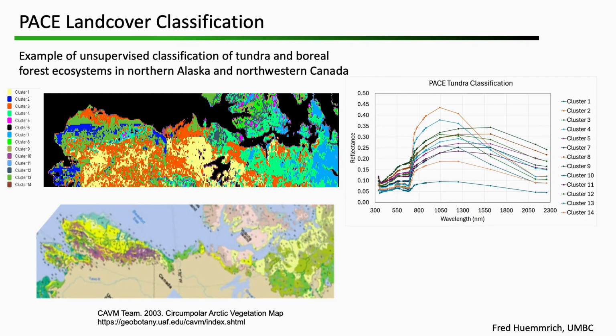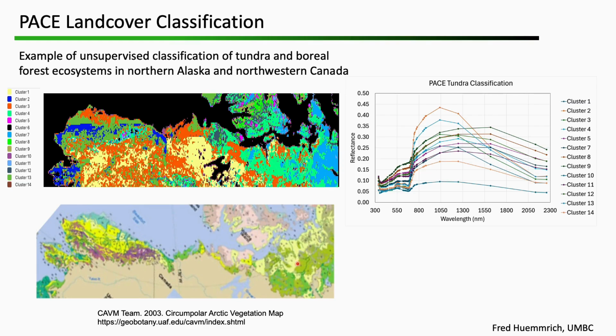In addition to looking at plant pigments and traits, we can also use PACE to do land cover classifications. Here's an example of an area of northern Alaska and northwest Canada, which is part of the ABoVE NASA experiment that I'm working on. And in this case, I've used summertime PACE data and did an unsupervised classification to show different regions.